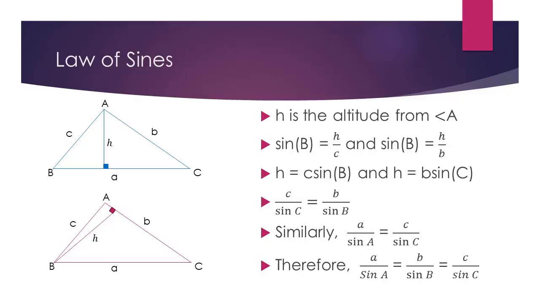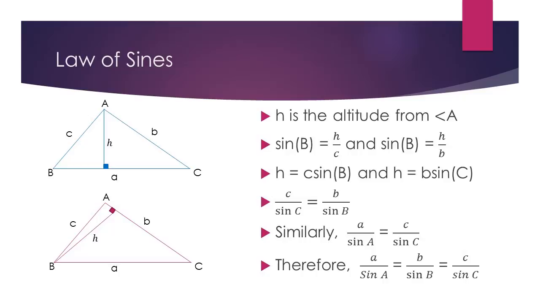If we look at the pink triangle ABC, as before, capital A, capital B, and capital C all denote angle measures, and lowercase a, b, and c all denote lengths of the sides opposite those angles. In the pink triangle, though, we drew the altitude from angle B, but it's the same process as in the first triangle.